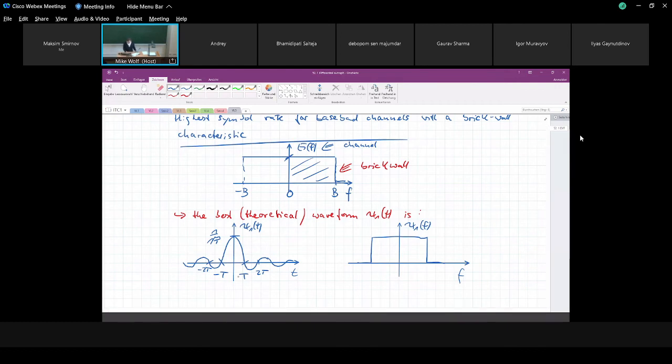And you see, if this is capital T, our modulation interval, so how large is this? This is 1 by 2t, right?